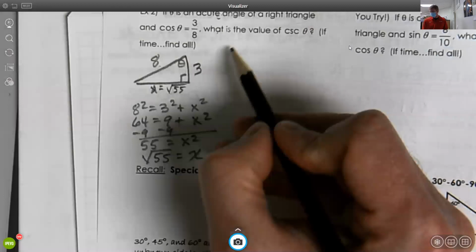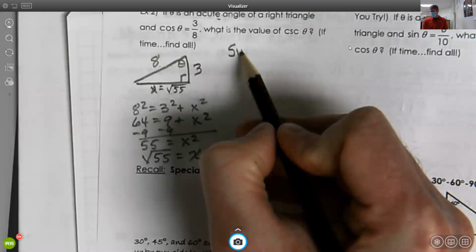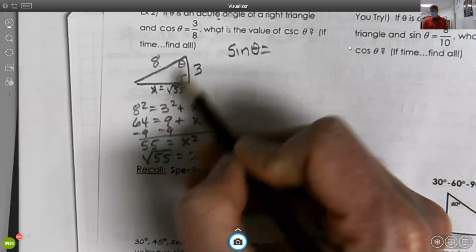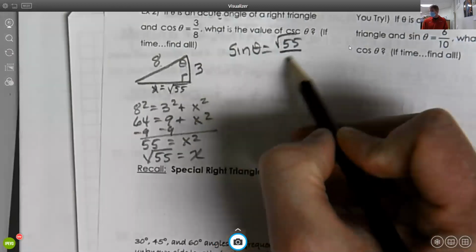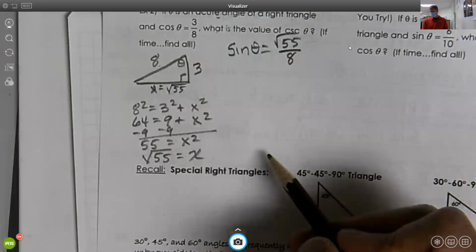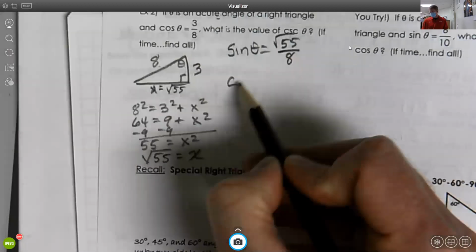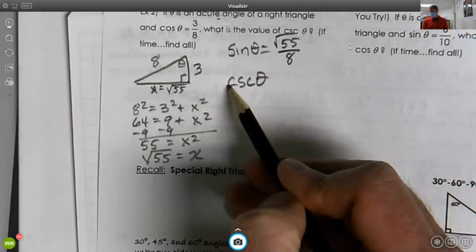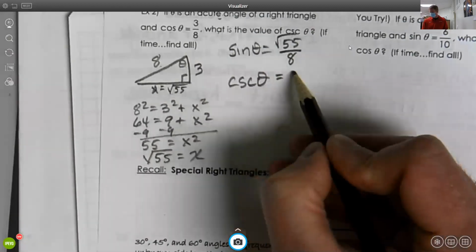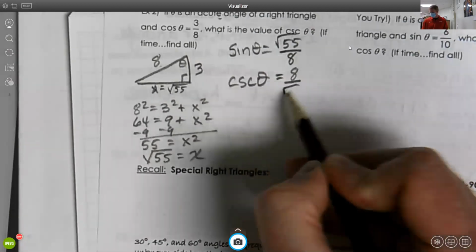So yes, I need to figure out sine first. Sine is opposite over hypotenuse. Sine is root 55/8. Cosecant, one starts with an S, one starts with a C, is the reciprocal of that, 8/root 55.